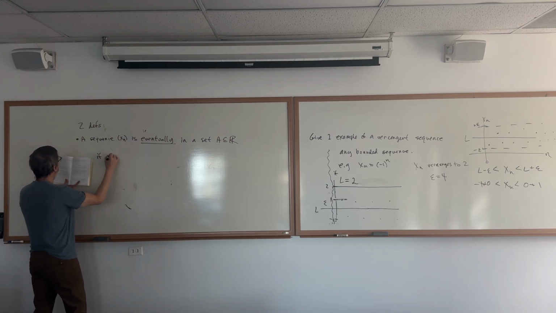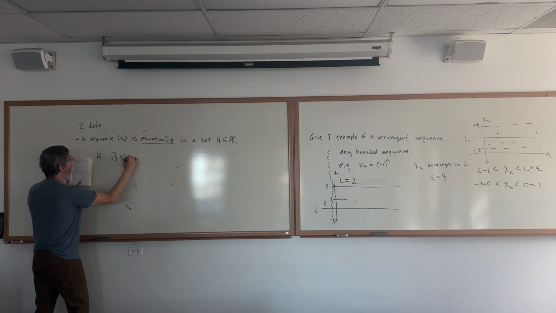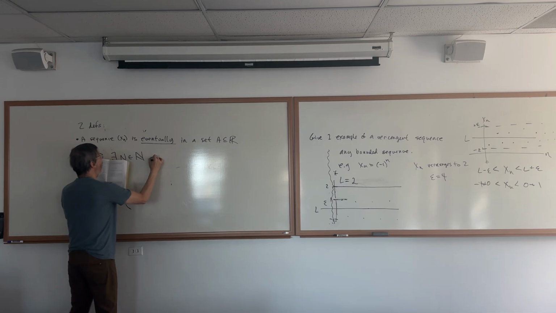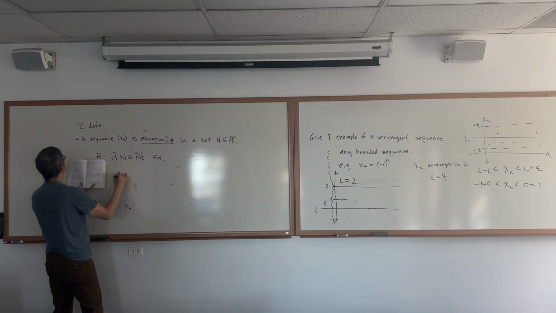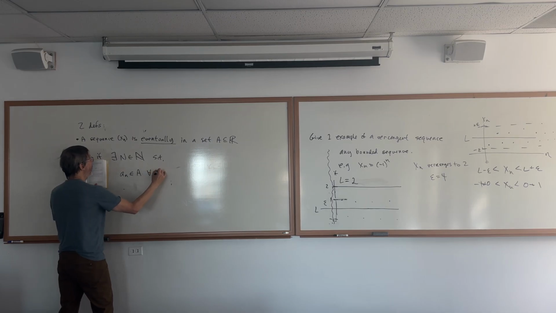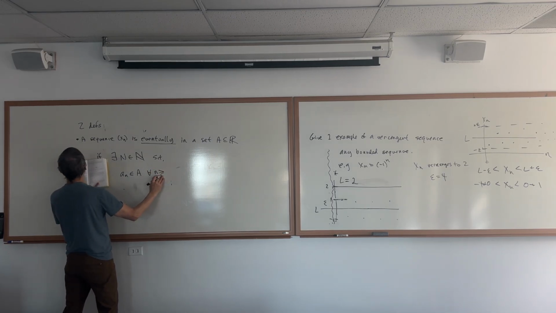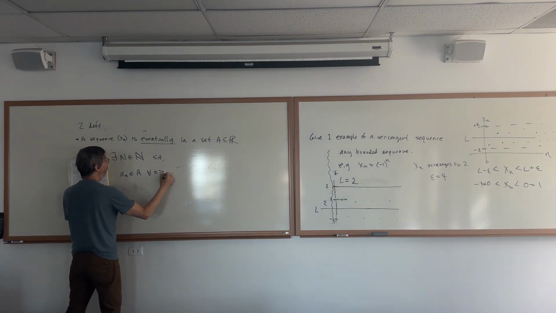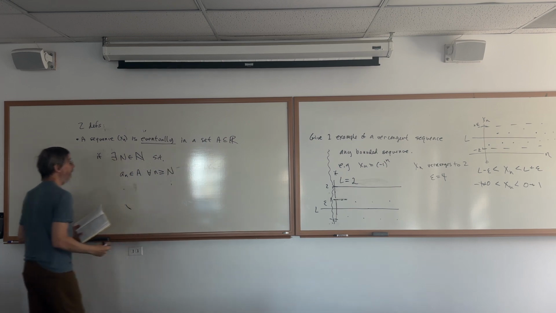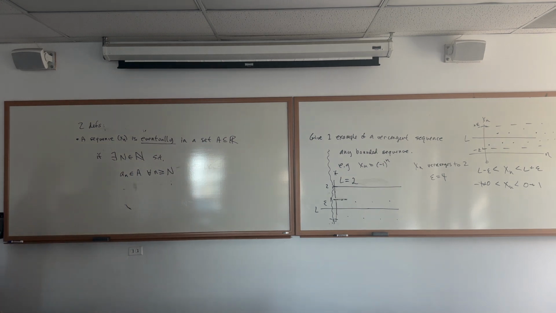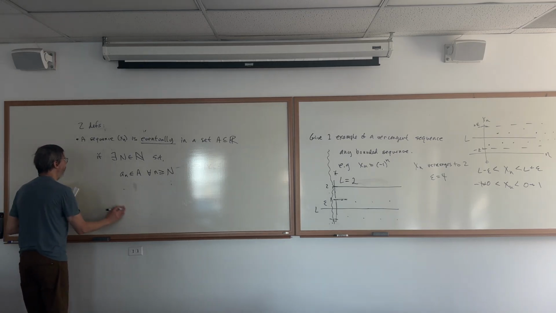If there exists an n, that's a natural number, such that x sub n is in A for all little n bigger than or equal to capital N. I'll just write it like that. It's good to play with. A little different than our normal definition.